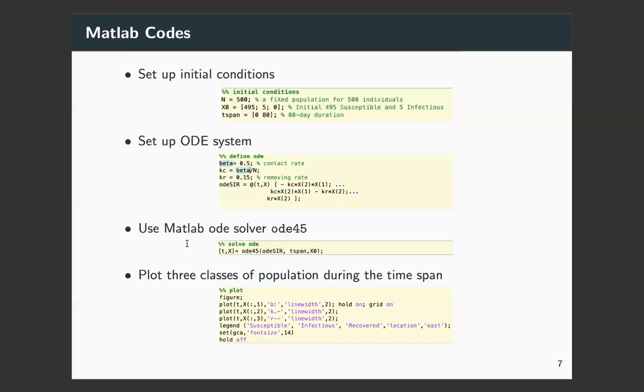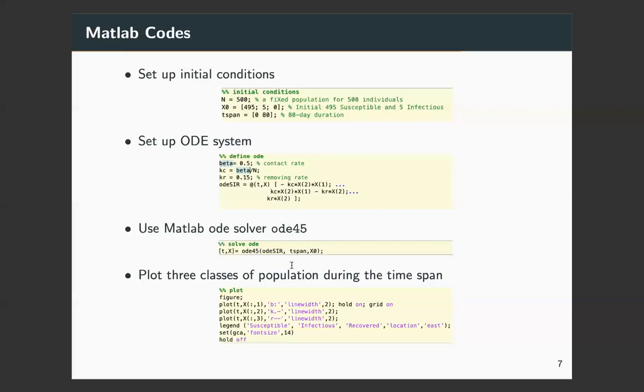And the third step is to use a MATLAB solver, called ODE45, to solve the model, where the input is the ODE model, the time span and the initial conditions.